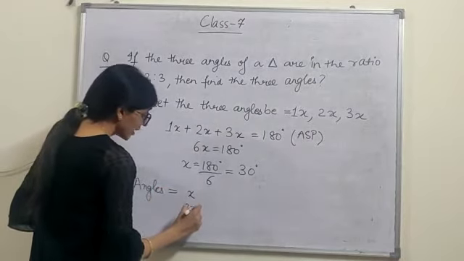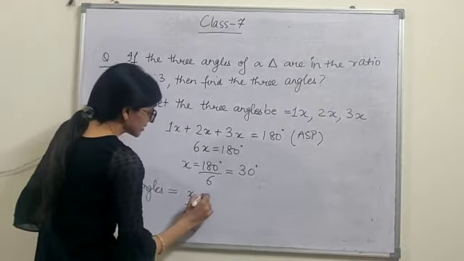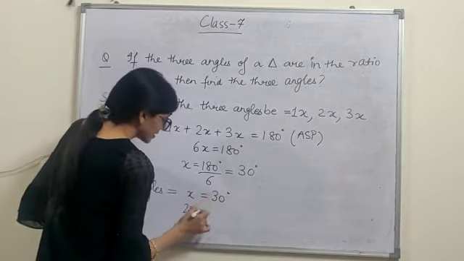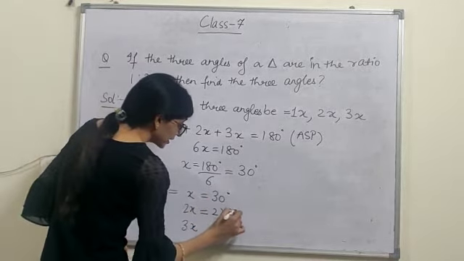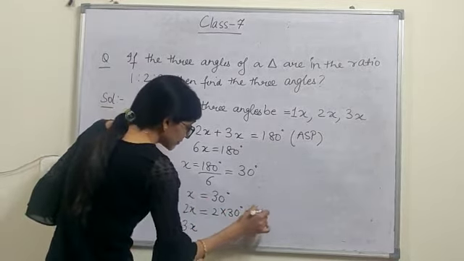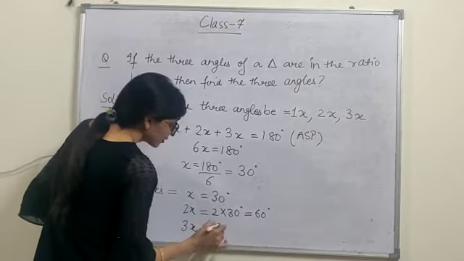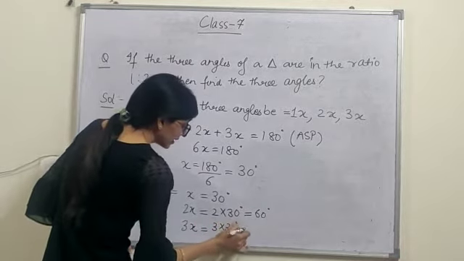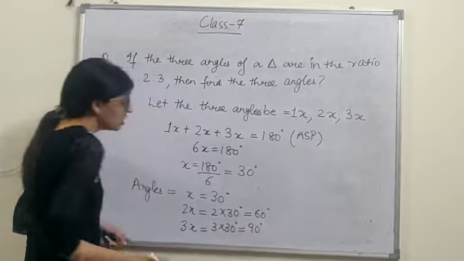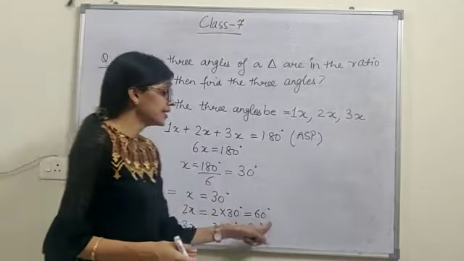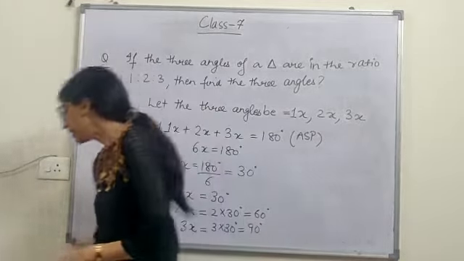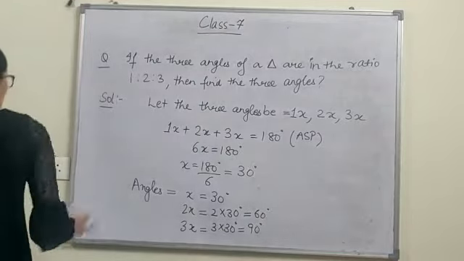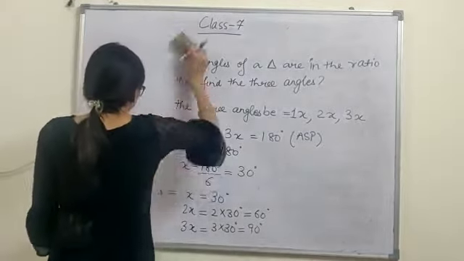x, 2x, 3x. x is 30 degrees, 2x is 2 into 30 degrees, that is 60 degrees, and 3x is 3 into 30, that is 90 degrees. So the three angles are 30 degrees, 60 degrees and 90 degrees. Coming down to the second question.